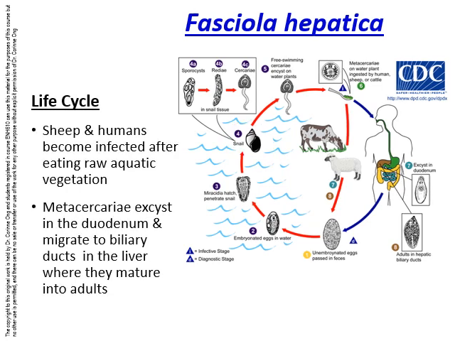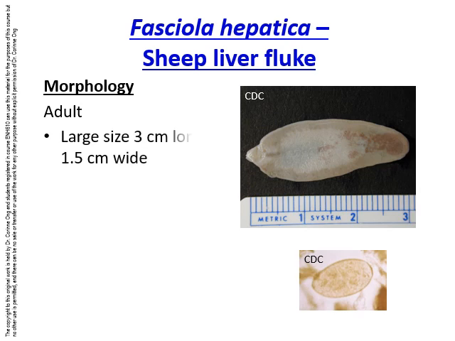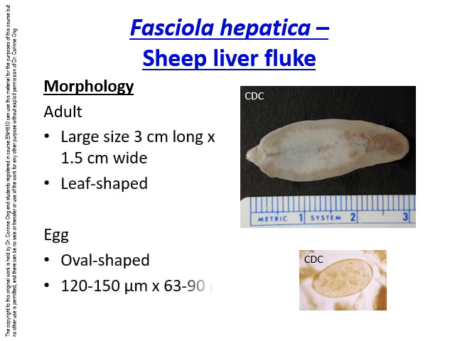When sheep and humans eat raw, contaminated aquatic vegetation, they become infected. The metacercariae excyst in the duodenum and migrate to biliary ducts in the liver, where they mature into adults and continue the life cycle.